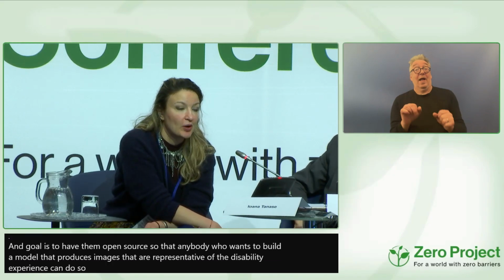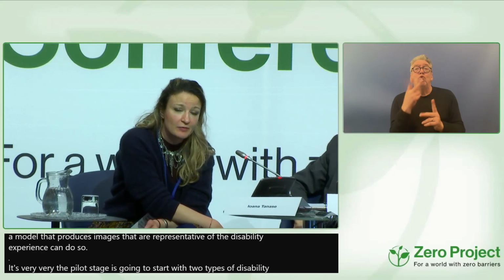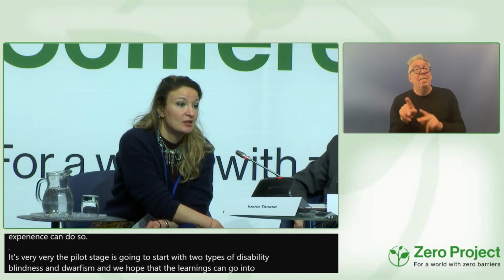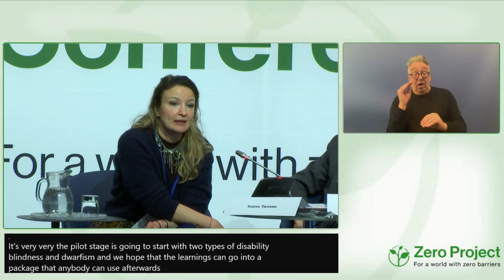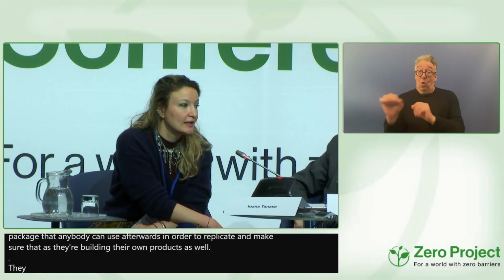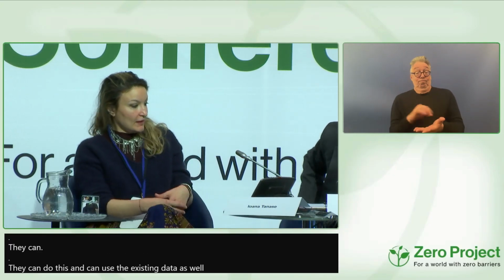It's very much at the pilot stage. It's going to start with 2 types of disability, blindness and dwarfism. And we hope that the learnings can go into a package that anybody can use afterwards to replicate this and make sure that as they're building their own products, they can use the existing data as well.